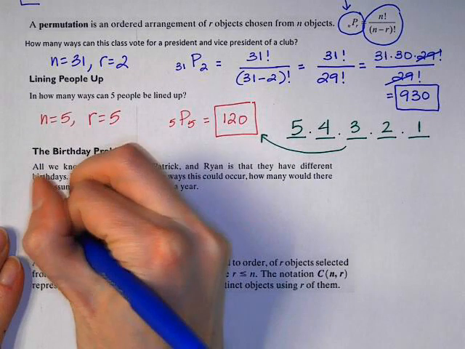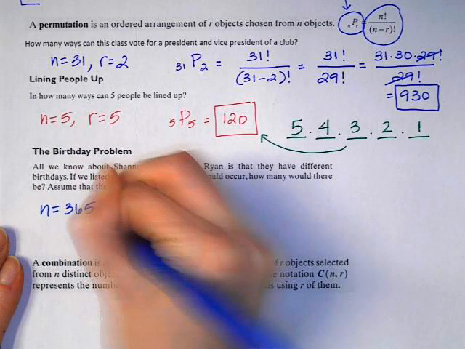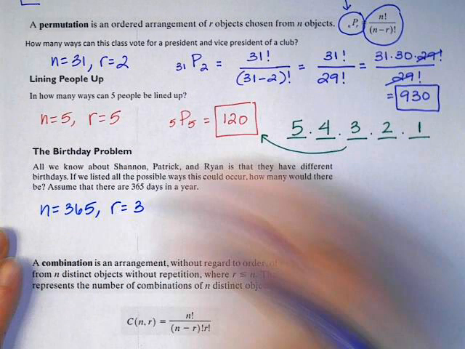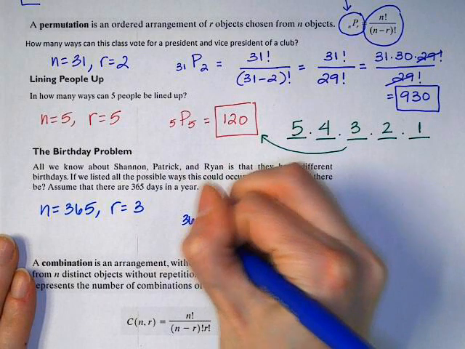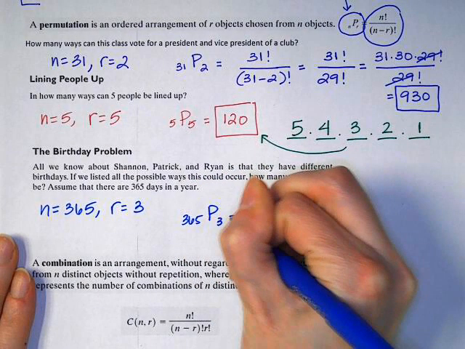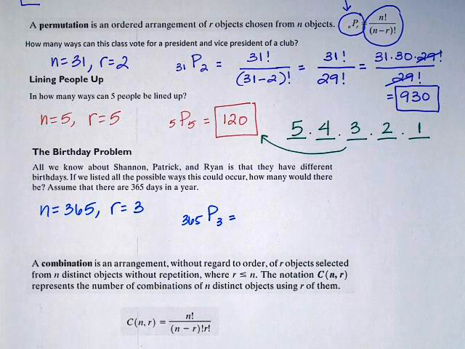So in this problem, N would be 365 and R would be 3 because you're choosing 3 birthdays out of 365 days. All right, so one way to do it would be 365P3. All right, so I'll get that going here.